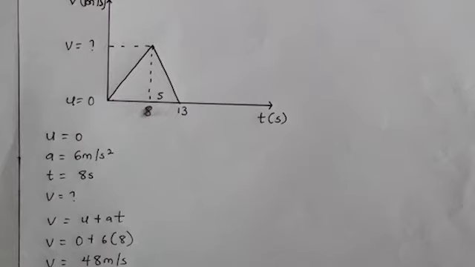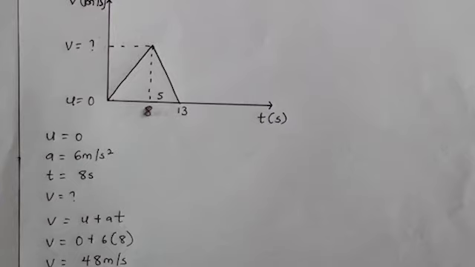After the object attained that velocity, it now decelerates back to rest. The position that it attained is now its new initial velocity.